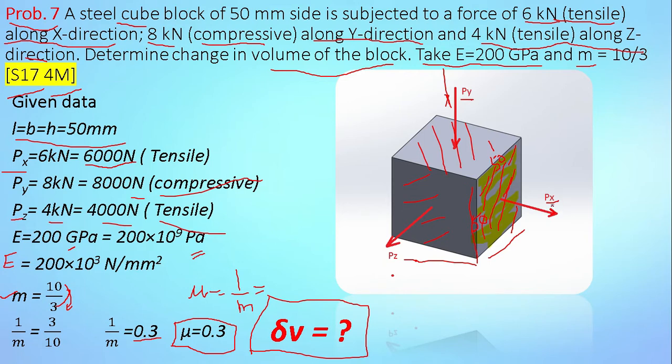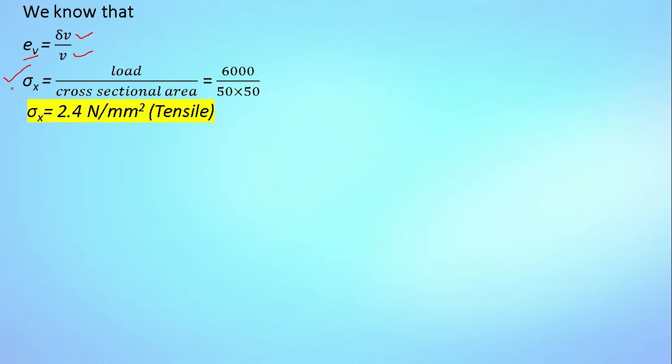So stress in this direction, Px divided by A, is equal to 6000 divided by 50 multiplied by 50. It gives sigma x equal to load divided by cross sectional area, 6000 Newton divided by 50 by 50. It gives sigma x is equal to 2.4 Newton per mm square, and it is tensile in nature.